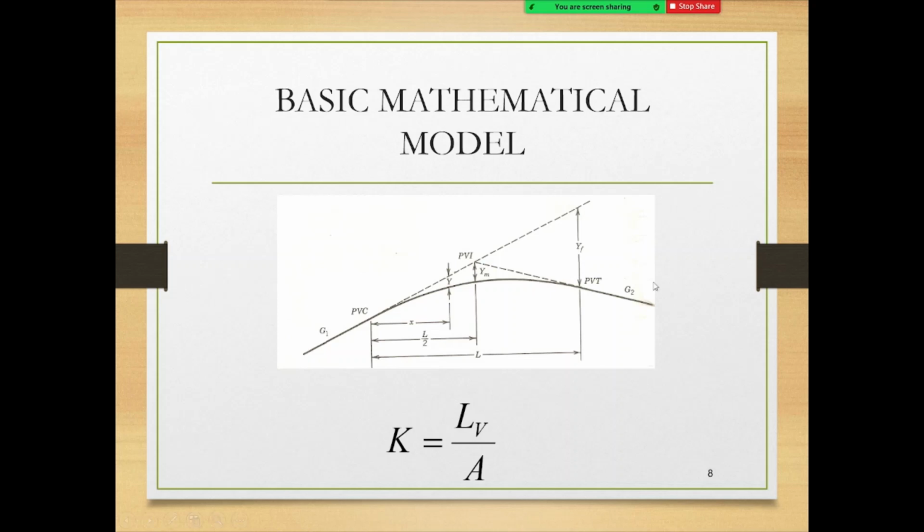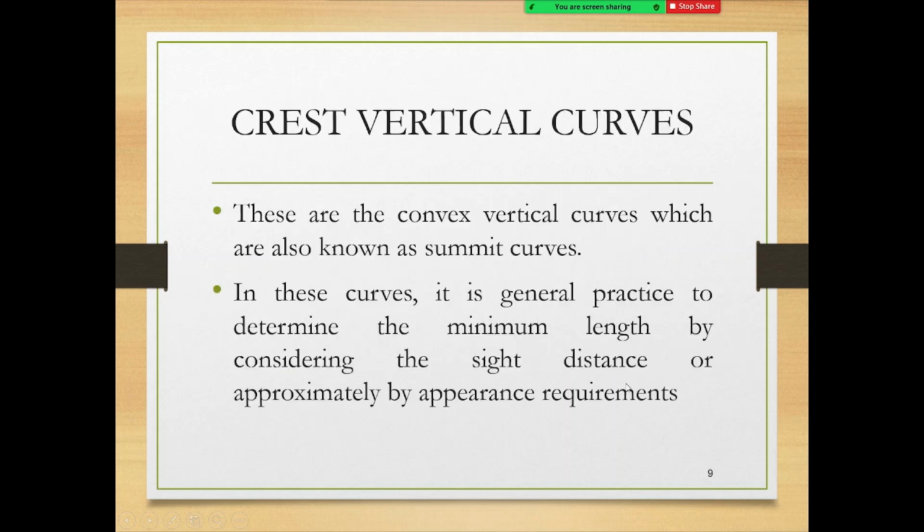That means this is G2, this is G1, A is G1 minus G2, modulus of it. Okay, that means only positive values, right? So here you can see L, that is the vertical curve length, right? And what else? So this K is used to indicate the sight distance, because you know, the higher the K, this sight distance is going to be increased.